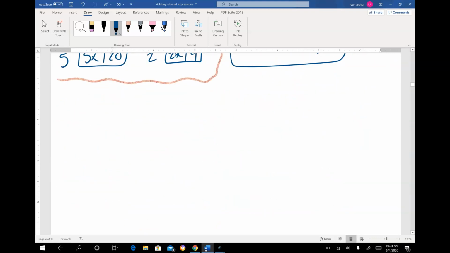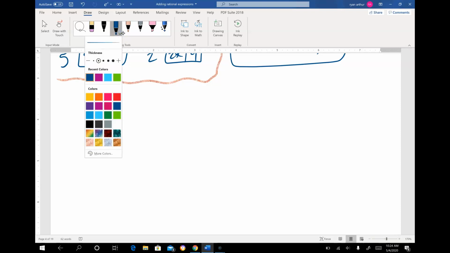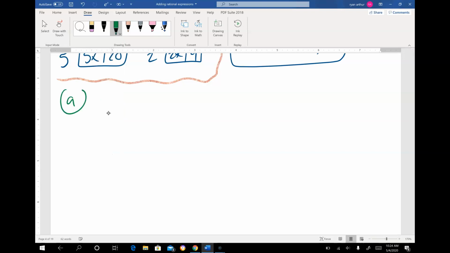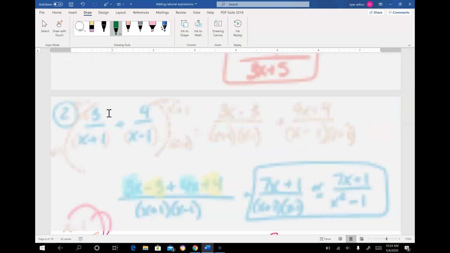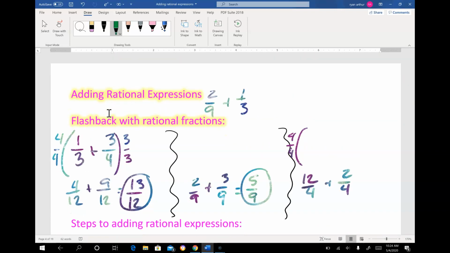Okay. So number 9. Let's see. Number 9 is going to be this one. All right, so in the beginning, we did a fraction review.